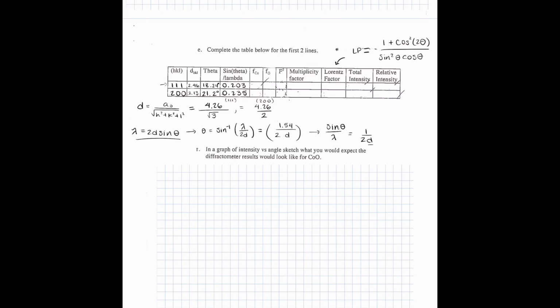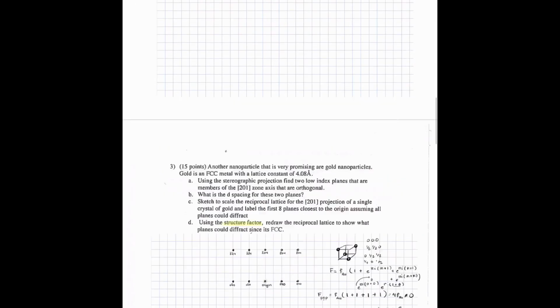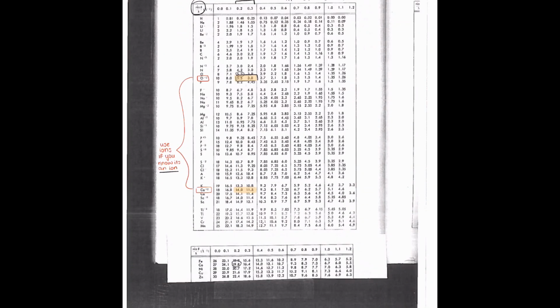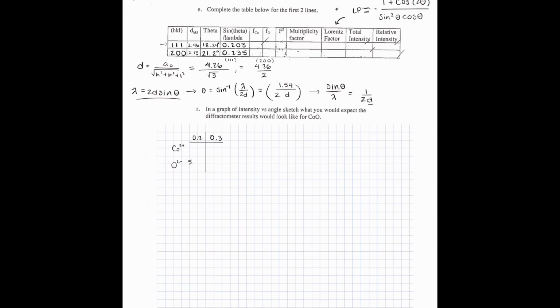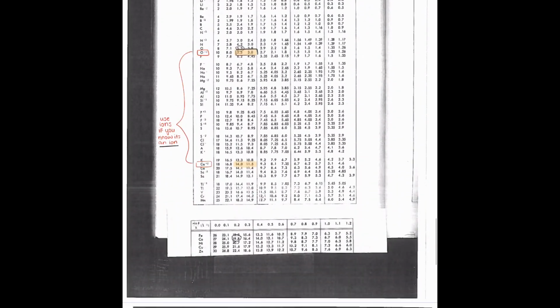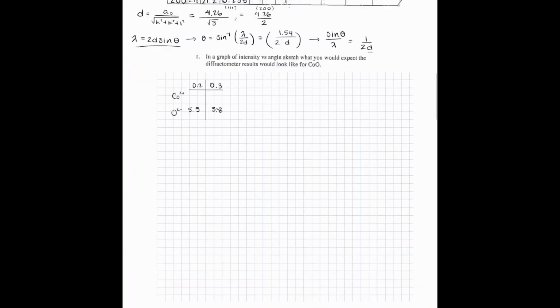I'm going to write it here. f at 0.2, 0.3, and then cobalt 2 plus, oxygen 2 minus. So oxygen was 5.5, 3.8, and cobalt 14.0, 11.5.